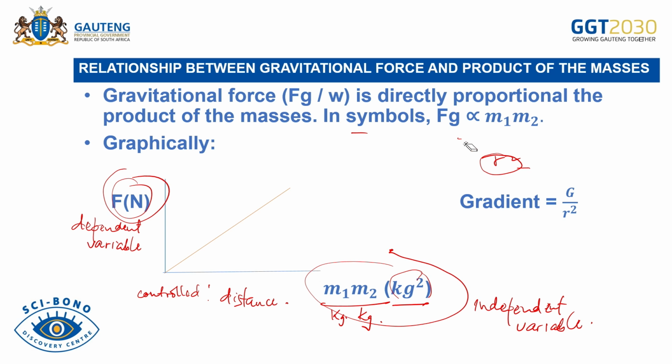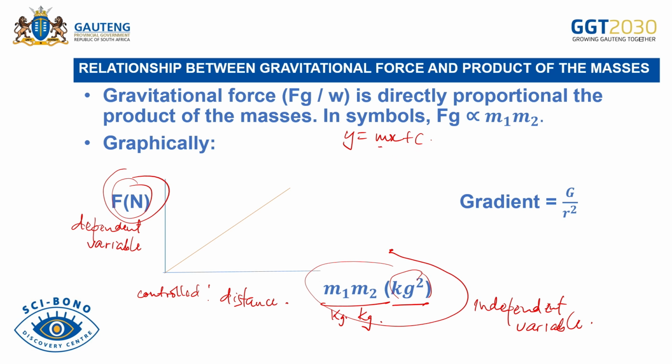If this is a straight line, we know the equation of a straight line from our mathematics: y equals mx plus c. m is your gradient, and c is your y-intercept.